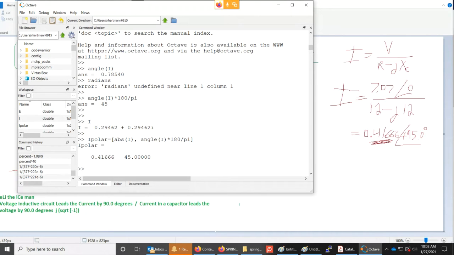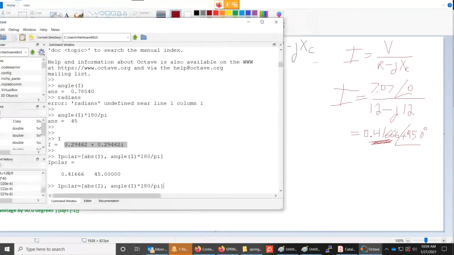So if I type all this once, I'll be able to recall it and get to it very fast. And then I can make changes to it if I need to, which I'm going to do here in a little bit. But you can't use this to do any calculations. This is just to display it. You have to use the other one to do the calculations in the Octave software.